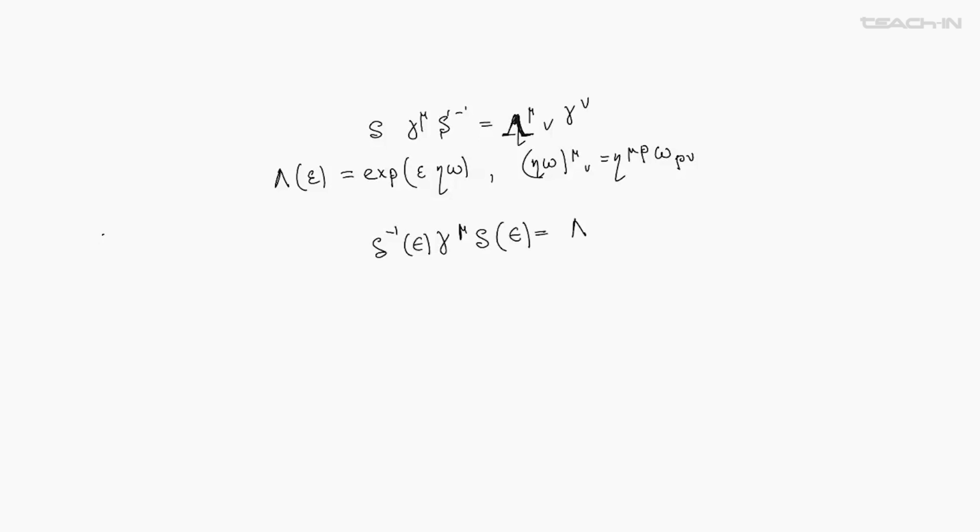As the next step, we take this equation, differentiate it with respect to epsilon, and introduce a quantity X given by dS over d epsilon times S minus 1, such that this equation for X takes the form gamma mu X is equal to eta mu rho omega rho nu gamma nu.